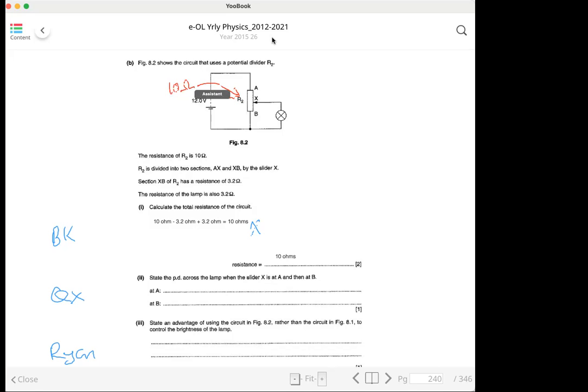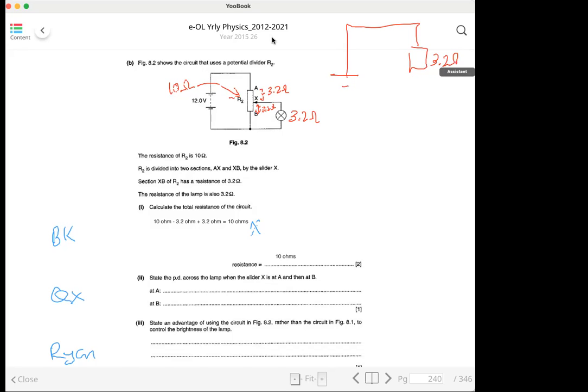So the bottom part here, it mentioned is 3.2 ohm. So the top part here is 3.2 ohm. The bulb is also 3.2 ohm. So can I redraw this thing into like this? I have a 3.2 ohm.